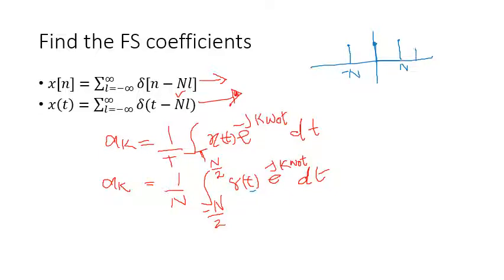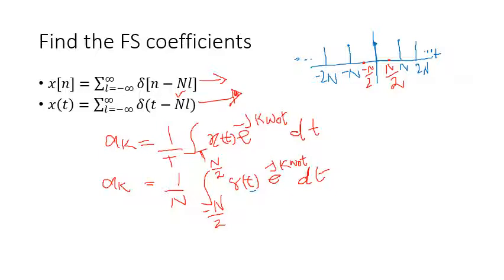This is, for example, 2N, this is t, and this is minus 2N, and this is continued. We take the interval from minus N by 2 to N by 2.